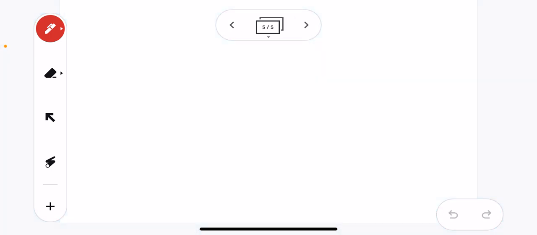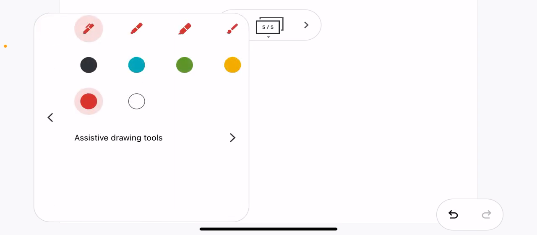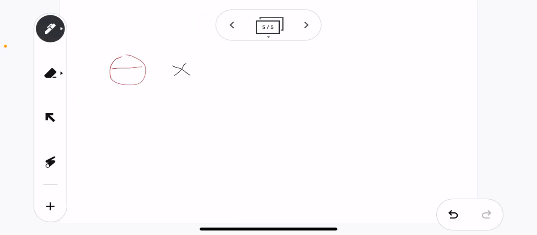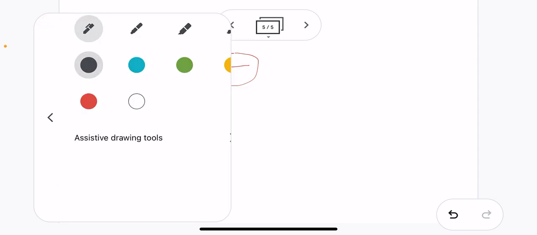So let's just talk about the rules of multiplication of negative numbers. Two negatives multiplied together result in a positive.